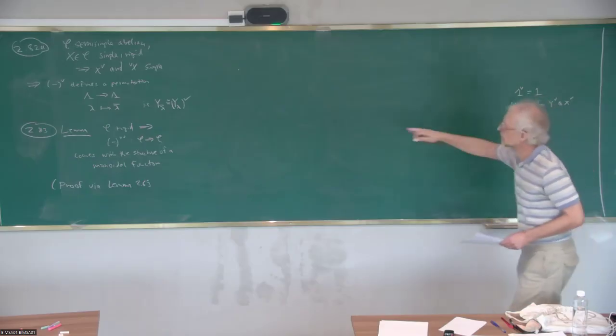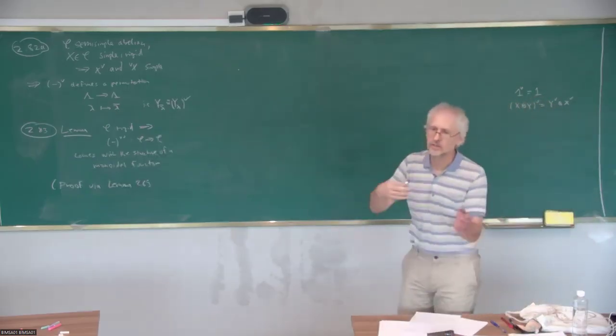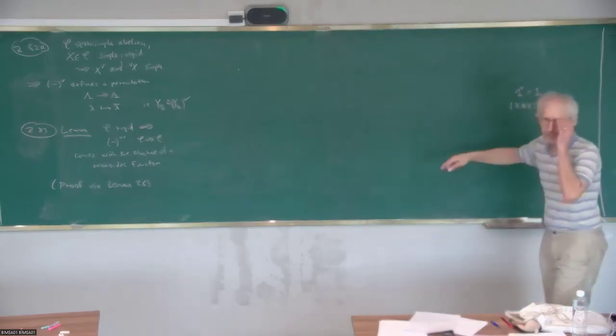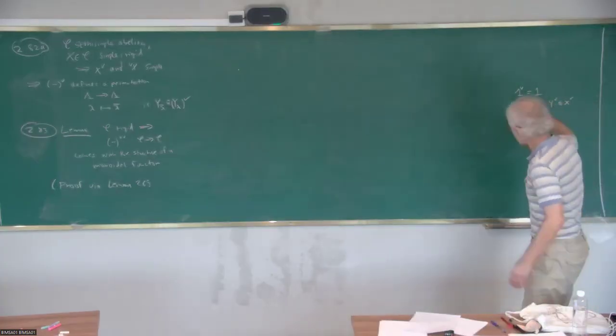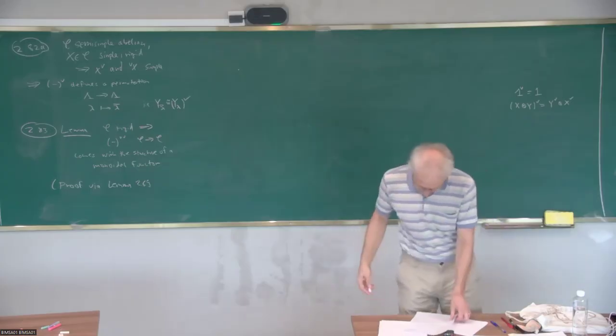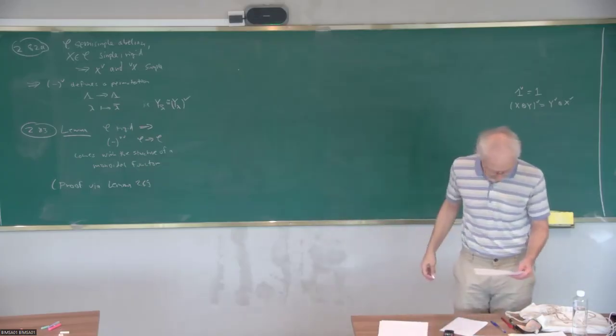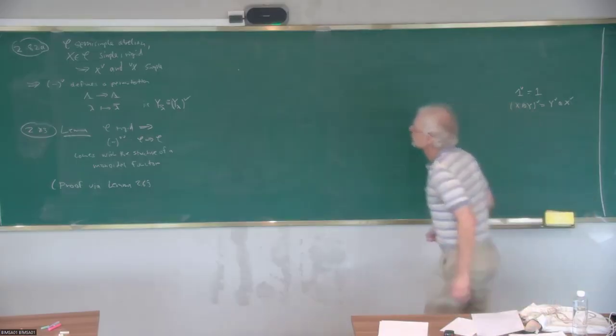And if you make this choice, then this is easy to see. Then you have to check that if you have any other choice, by using that this is equivalent, it's still valid.